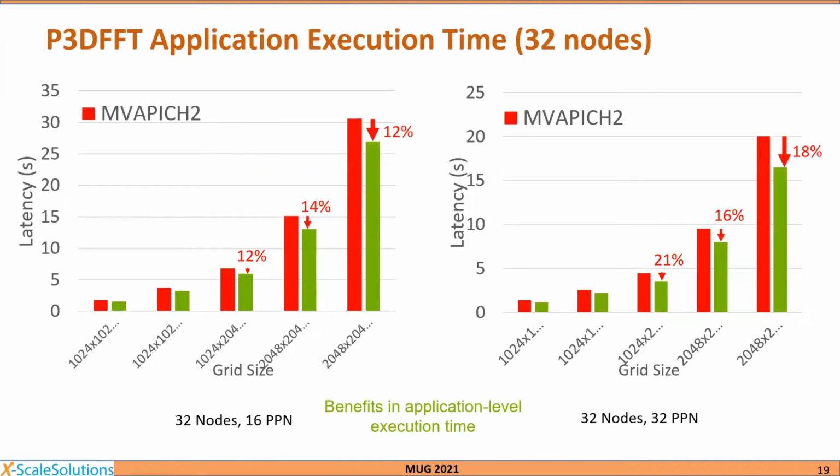So with the micro-benchmark level showing the benefit, people may have a question: how much can this translate to real applications? For this purpose, we take P3DFFT, which is one of the highly used compute kernels in many HPC applications.